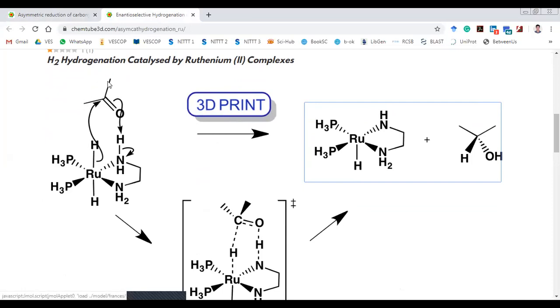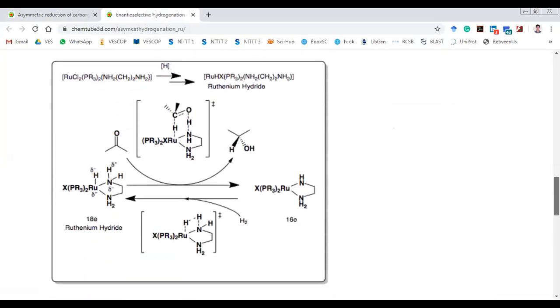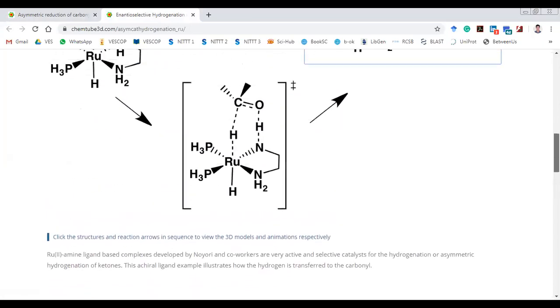This is a symmetric ketone, that is, both the groups are methyl. In this case, this is acetone. Nevertheless, you can still understand the concept here. And the ruthenium catalyst also is not complexed to the mesitylene. It is complexed to the phosphine here.